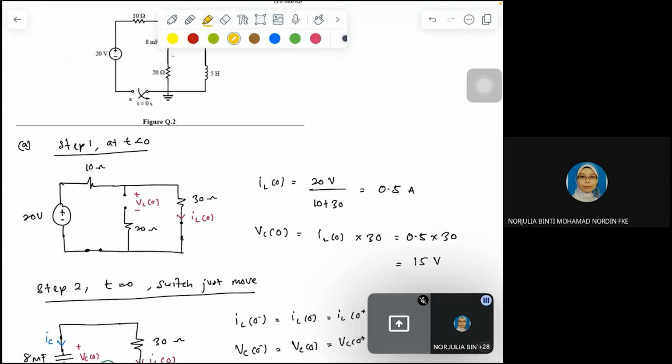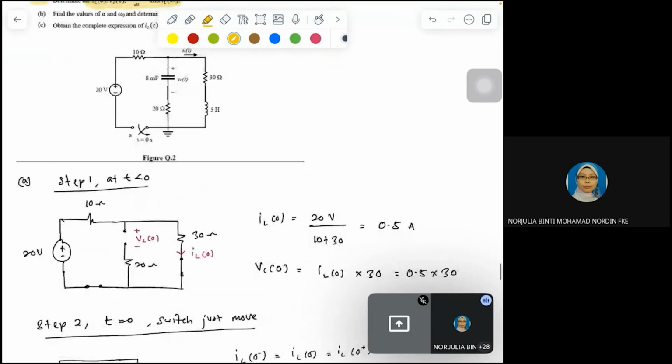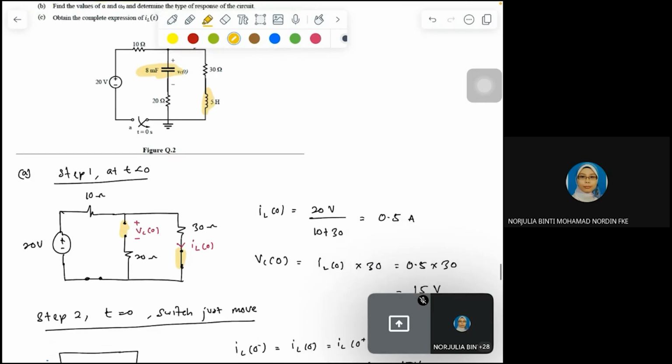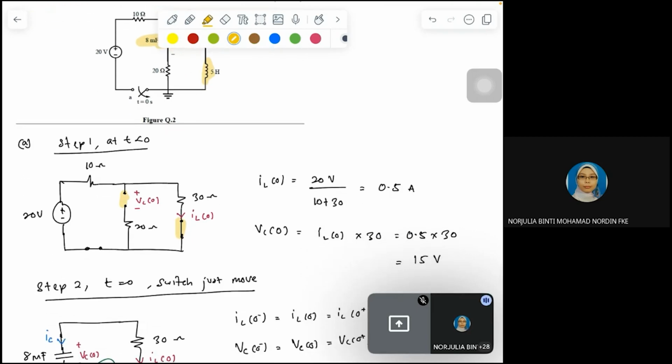So the initial values of IL and VC, we can get from step one. At step one, we need to analyze the circuit before zero. This circuit falls under steady state condition, where your capacitor is open and your inductor is shorted. Analyze the circuit by just using your basic law.